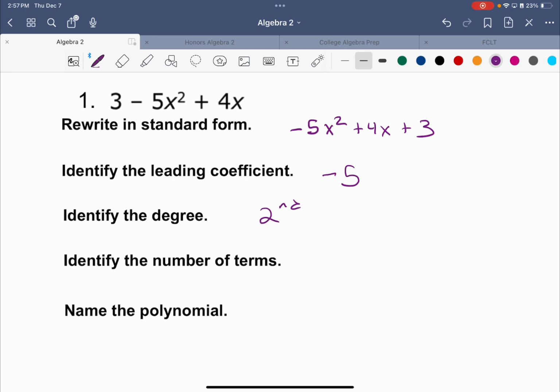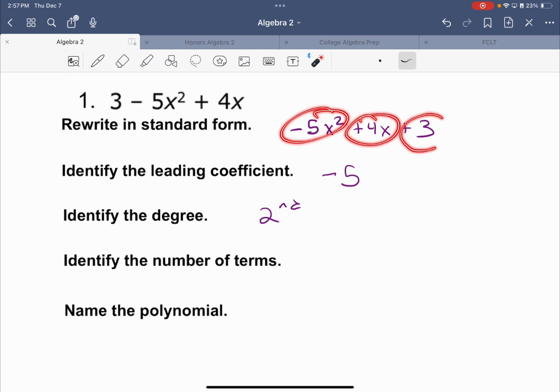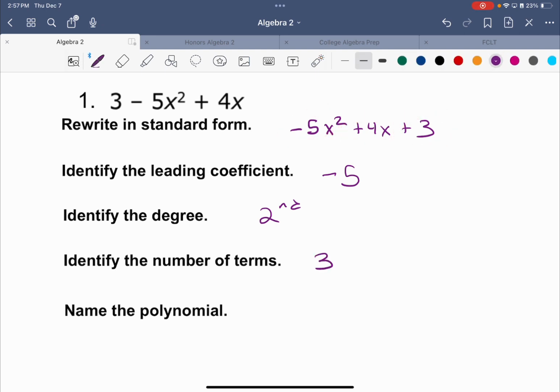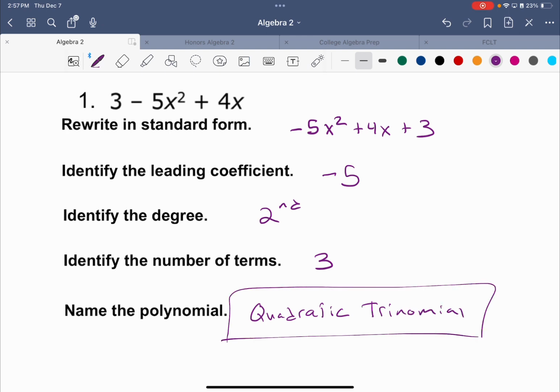Identify the number of terms. 1, 2, 3. I can count to 3. We've got 3 terms. And then we name it. Second degree is quadratic, 3 terms is a trinomial. And there are our answers.